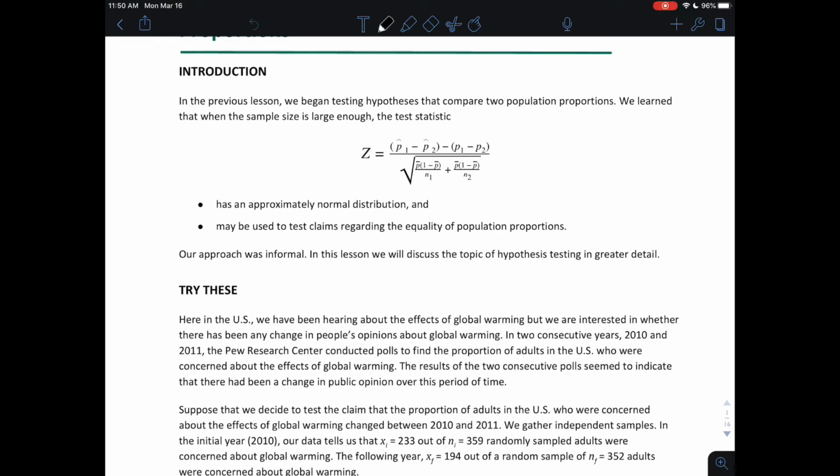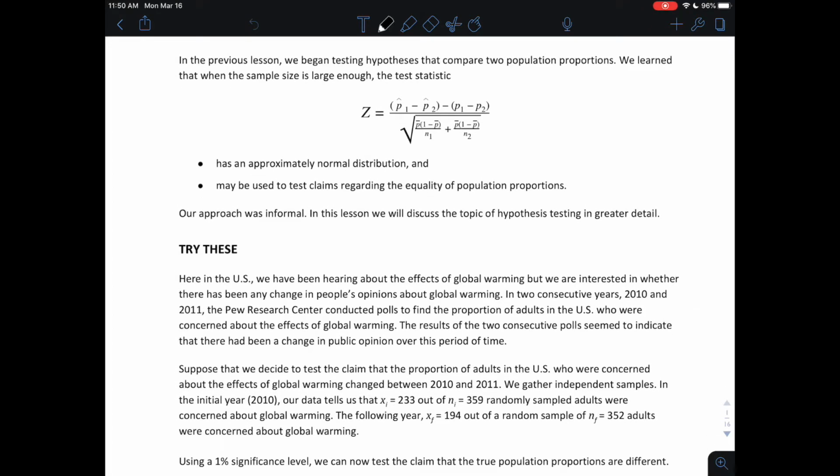We learned that when the sample size is large enough, the test statistic, which is a z-score, is equal to a fraction, where in the numerator we have (p hat 1 minus p hat 2) minus (p1 minus p2), and then divided by, in the denominator, the square root of p bar times (1 minus p bar) divided by n1 plus p bar times (1 minus p bar) divided by n2.